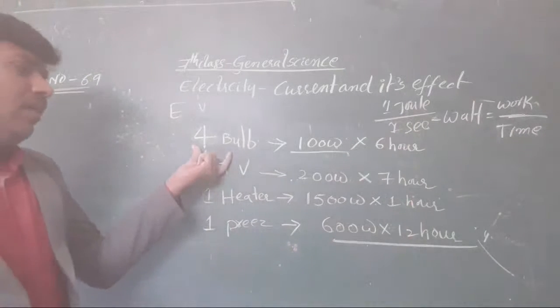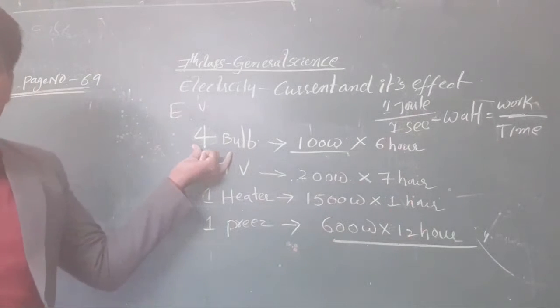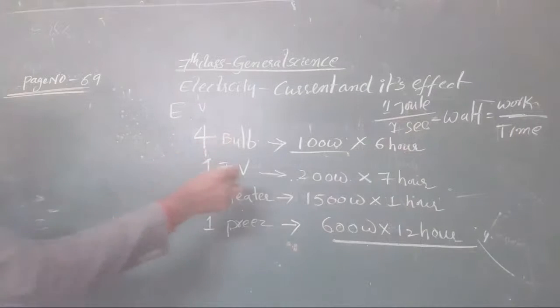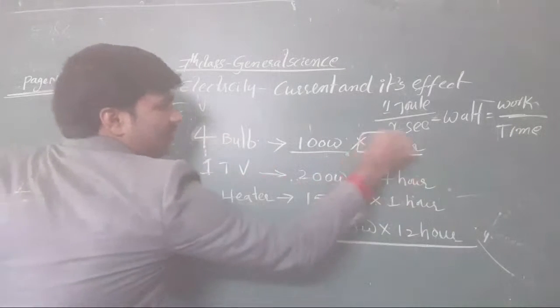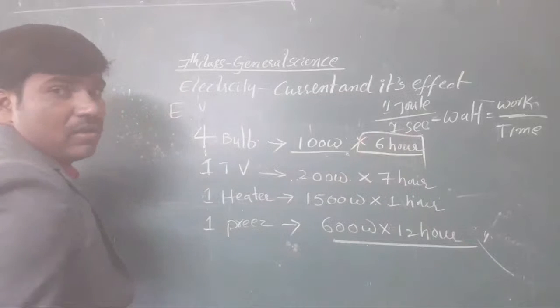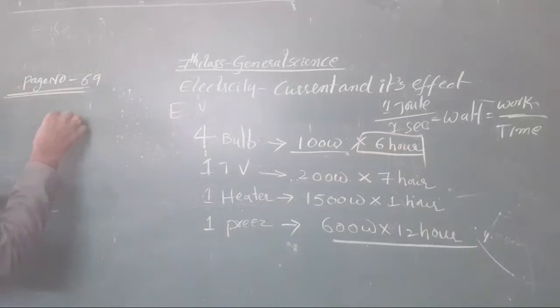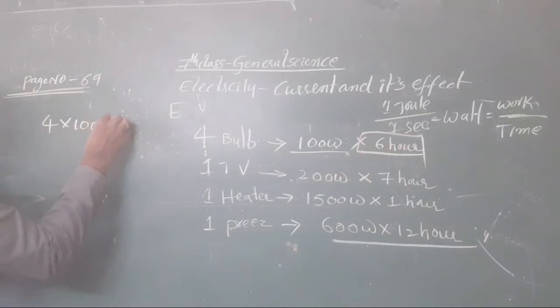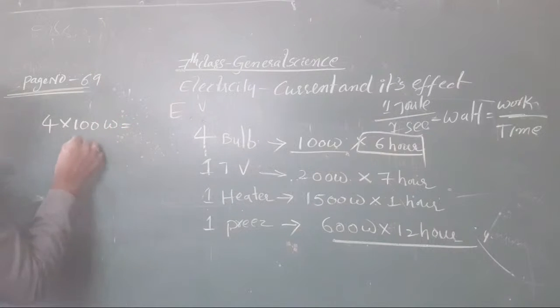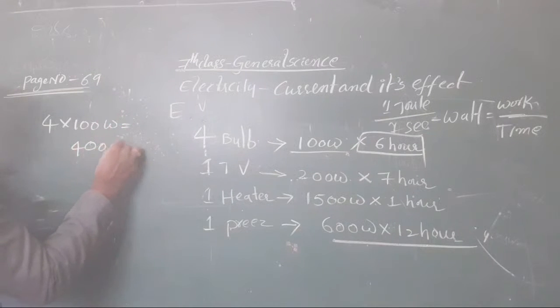And here, the 4 bulbs are there. Each bulb contains 100 watts and works 6 hours. Now 4 bulbs: 4 into 100 watts, 400 watts per second.